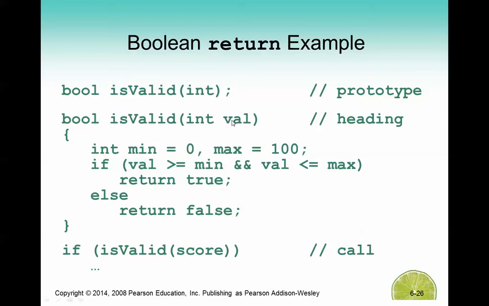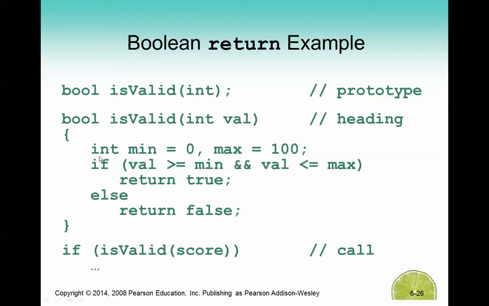So it's going to have here an int, and it's going to check minimum is 0, maximum is 100. Two variables that are declared here. It's going to check if value that was received is greater than or equal to minimum, and value is less than or equal to maximum, so that means it's in the range, it's a valid number. Then it's going to return true. Else it's going to return false.